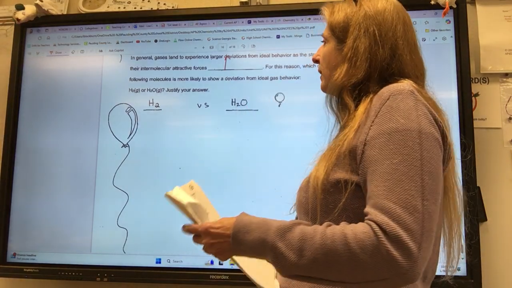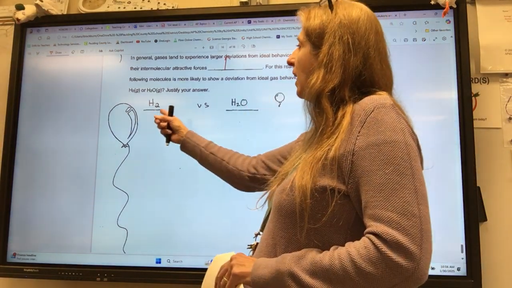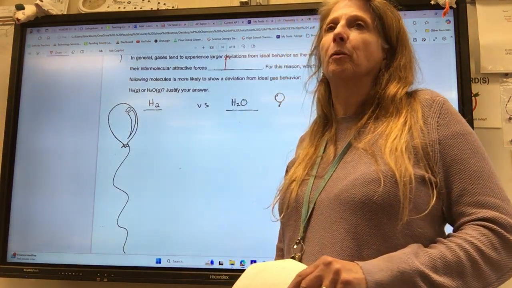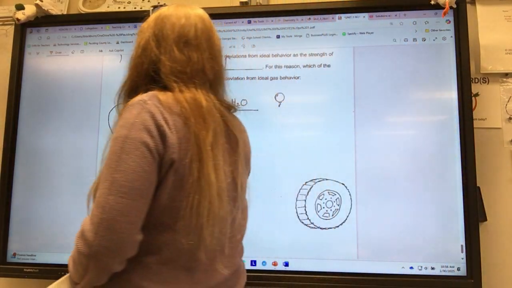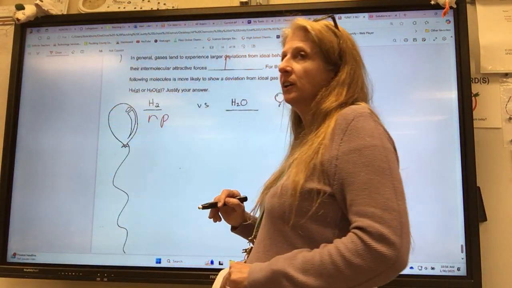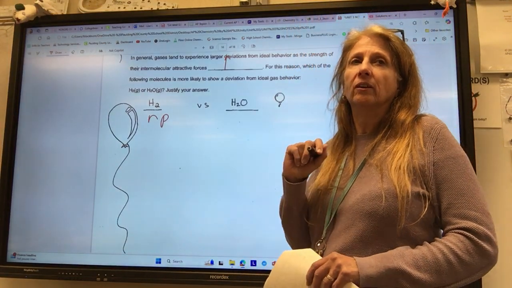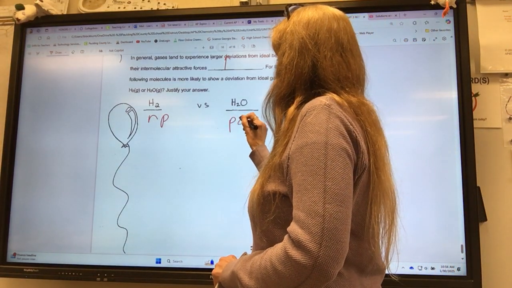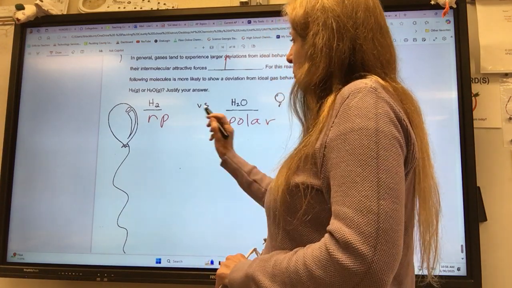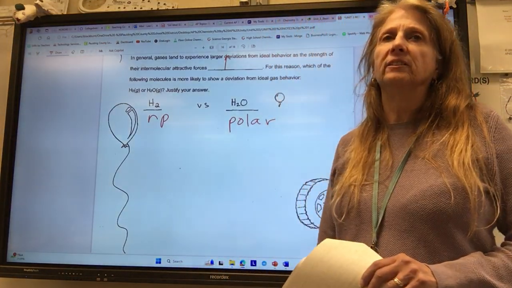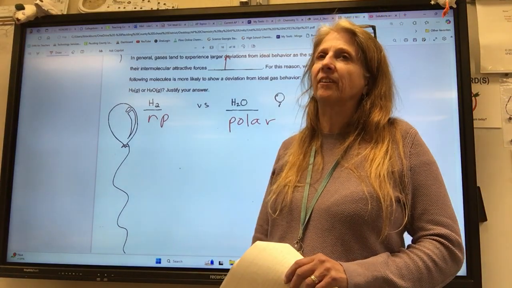So what we can say is, first of all, is hydrogen gas polar or nonpolar? Nonpolar. Water is polar. So that's one thing I would write down. The next thing I would say is, what forces does this nonpolar hydrogen gas have?